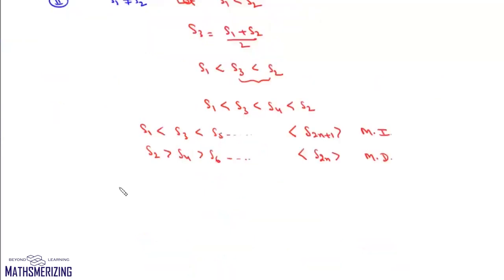Now we look at these two sequences. S1 is less than S3, is less than S5, and it will be less than S6, S4, S2. Both the sequences lie between S1 and S2.